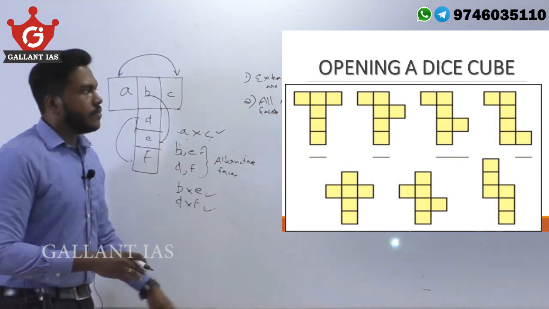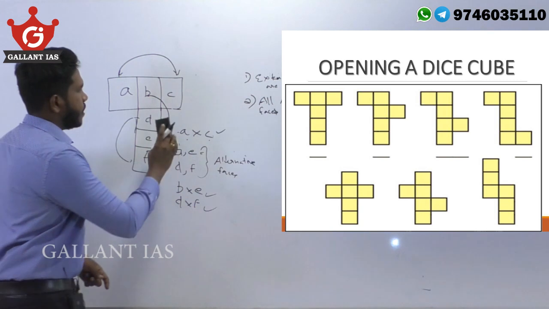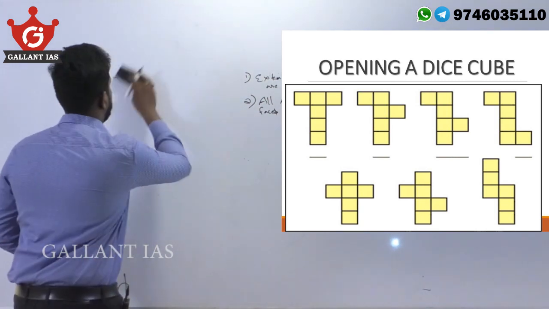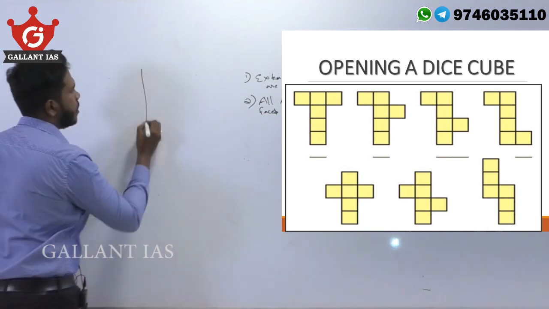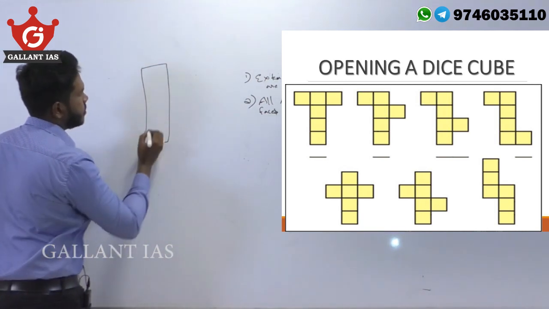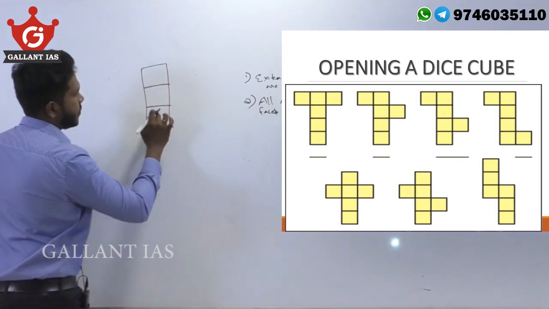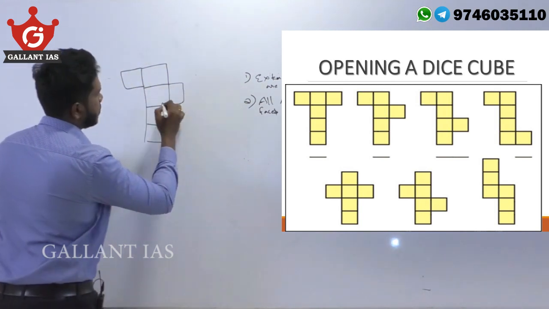So let's take the second example now. It will be looking like this, right? 1, 2, 3, 4, the central faces, and 2 extended faces. Got it?